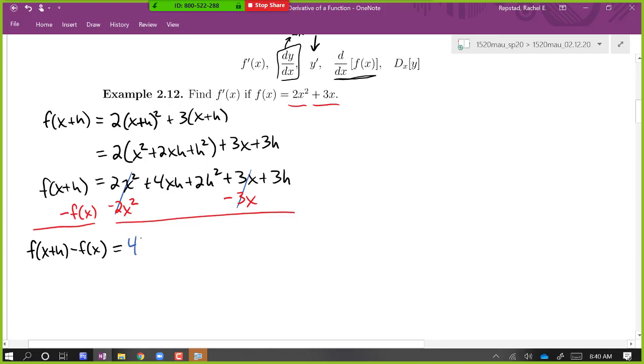Everything that we're left with has a factor of h, which is a good sign for us. So I'm just going to go ahead and factor that h out now, and then we'll set up the limit.